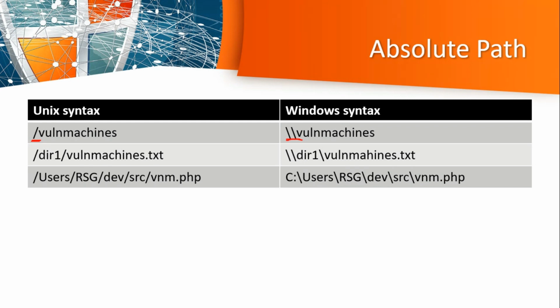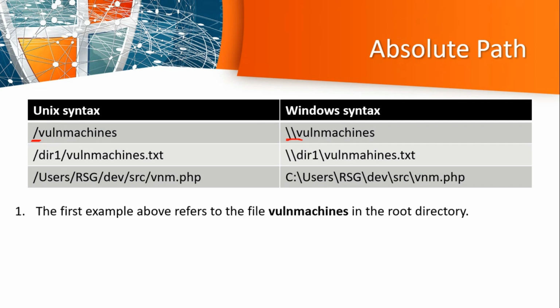Absolute path. An absolute path refers to the root of the file system, and in Unix it begins with the / character, and in the Windows system it begins with either \ or a drive letter, naming a drive such as C drive or D drive.